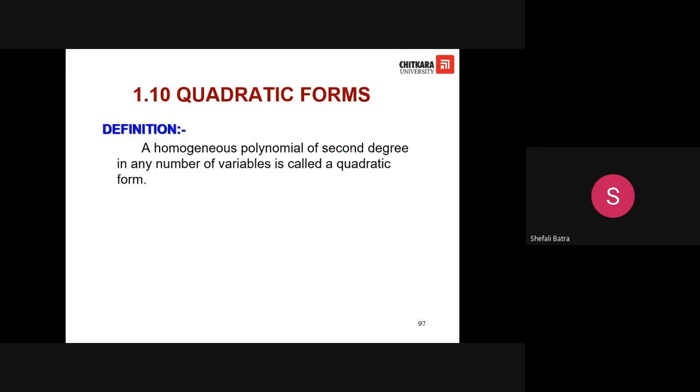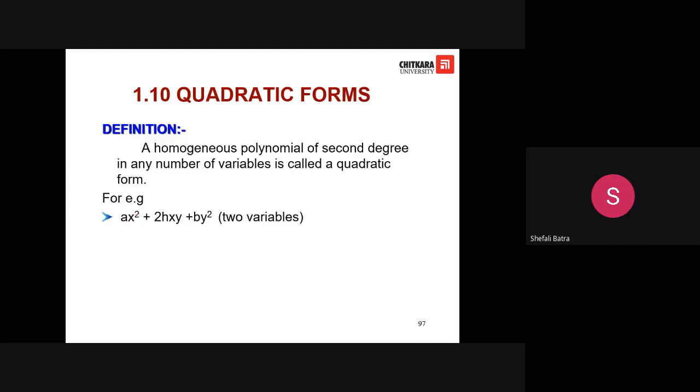Homogeneous means same. For example, ax square plus 2hxy plus by square. There are two variables, right? And this is second degree. Homogeneous polynomial means every term has the same degree, that is 2.